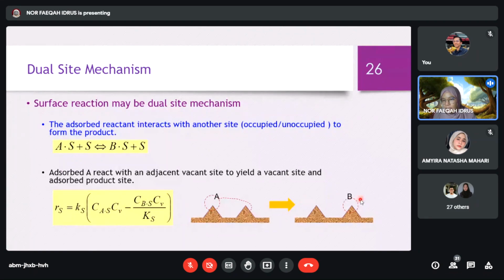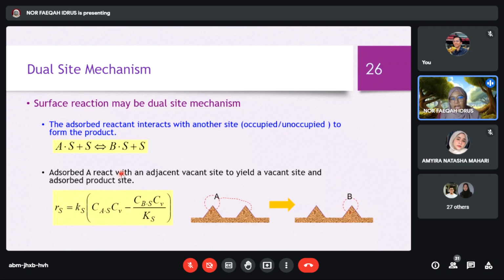Why? Because after the reaction, the product is produced and adsorbs at another active site, then leaves the other active site as a vacant site. That's why we call it a dual site mechanism. Even though during adsorption the reactant is only one, during the surface reaction it requires another vacant site. So dual site occurs during the surface reaction.